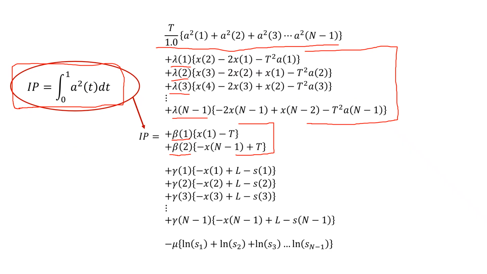We can solve those for 0, multiply by a different set of Lagrange multipliers, and add those to the rest of the terms. And then lastly, we need to add this set of terms. These terms turn the hard inequality constraint for the slack variables into a soft constraint, a soft inequality constraint.